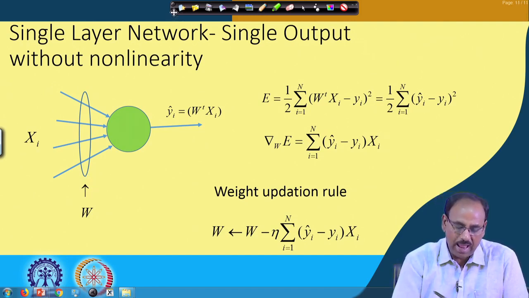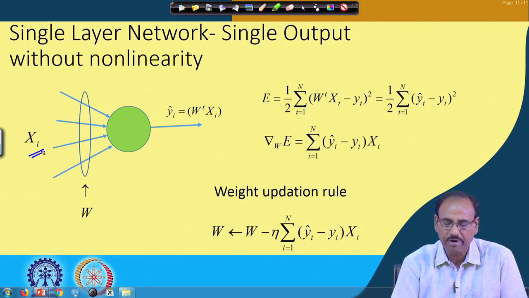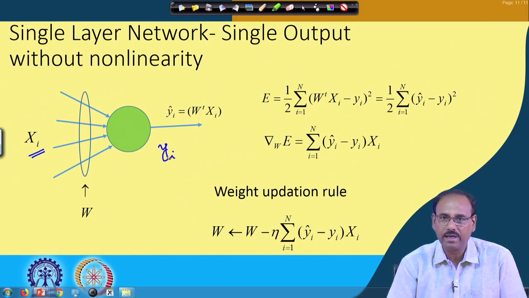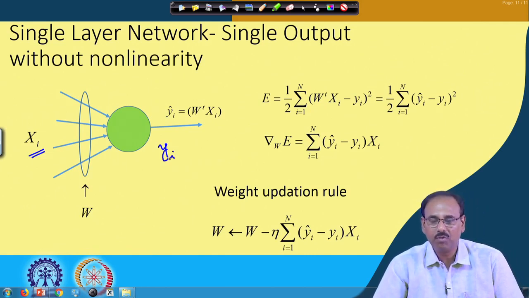So, as I feed such an input vector xi, I expect that the output of the neural network should be yi, and only when I get the output as yi, which matches my true value, is this xi correctly classified by this neuron.